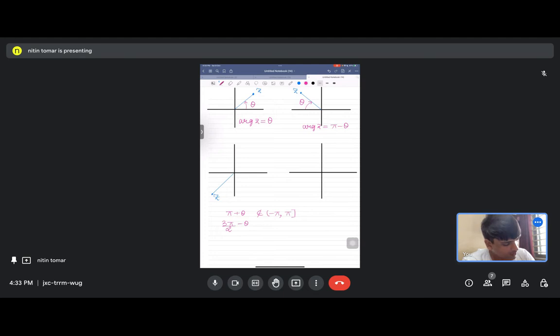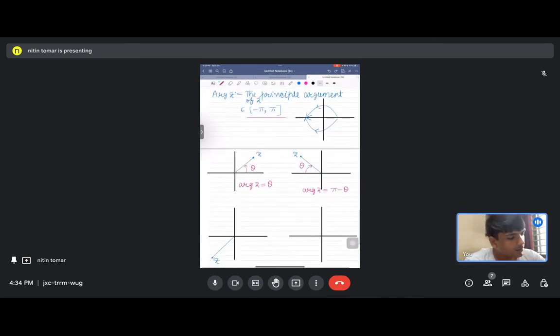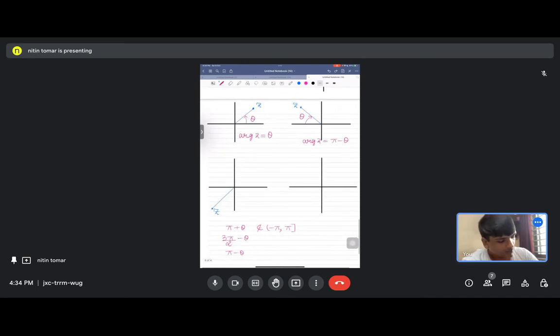But pi minus theta will somewhere be here, right? That is why I'm asking you whether you know the principle. See, below the upper half plane, you have to move in the clockwise direction. So you move in the clockwise direction. So minus pi minus theta.